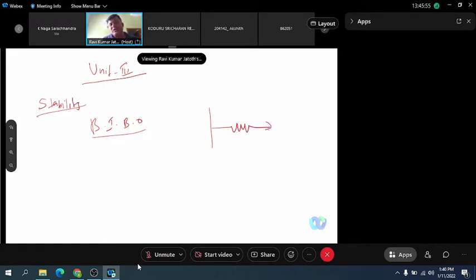Now you apply a force F of t and then leave. What happens? It oscillates, and after some time the oscillations die out, right? So for a finite input you get a finite output. But the other way is, for a finite input, you get an infinite output. Do you have any such cases which you came across?